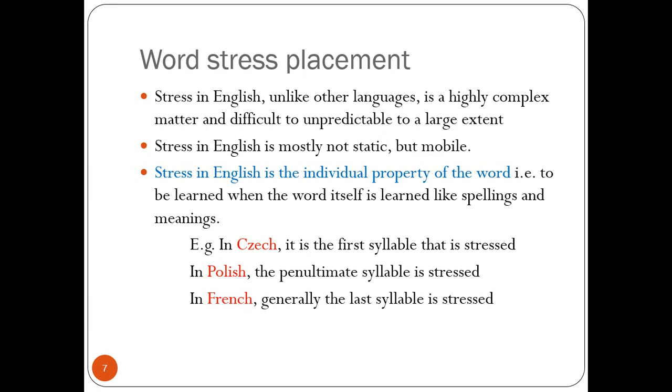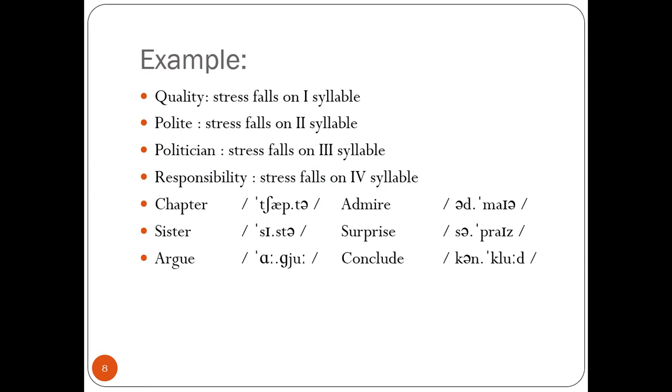Okay, so let's move on to the next slide. We have got examples. Quality is a word where the stress falls on the first syllable. Look at these examples here. The next word is polite, so it's the second or last syllable which is stressed.